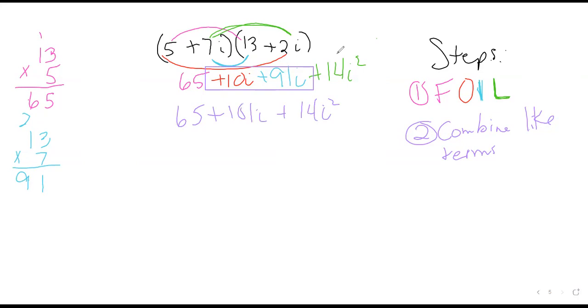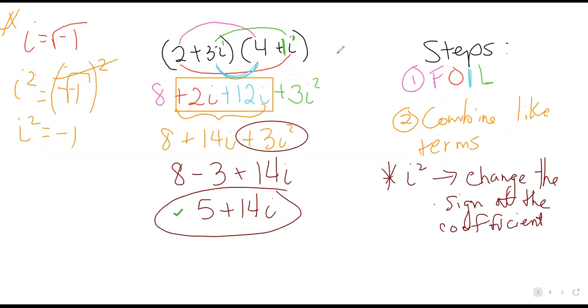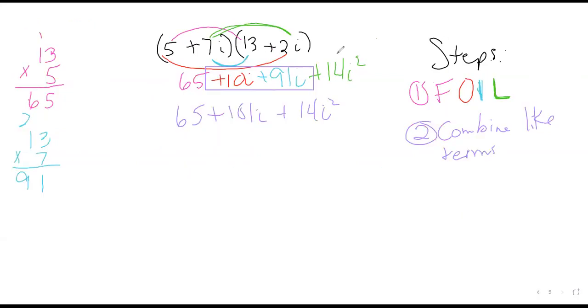Doesn't it say negative 1 or something? Looking at my note from the previous one, I squared, change the sign of the coefficient. Remember, the coefficient is the number that's next to the i squared.